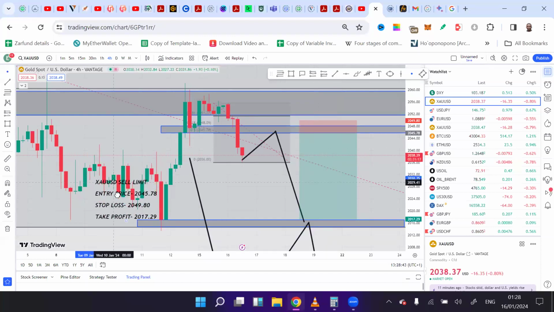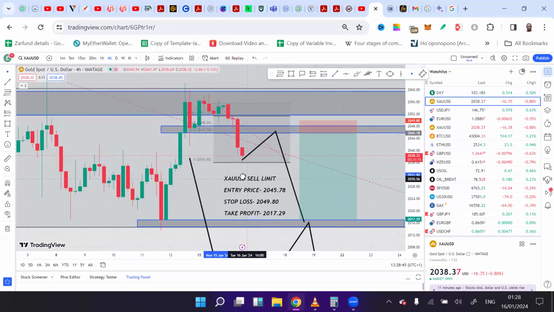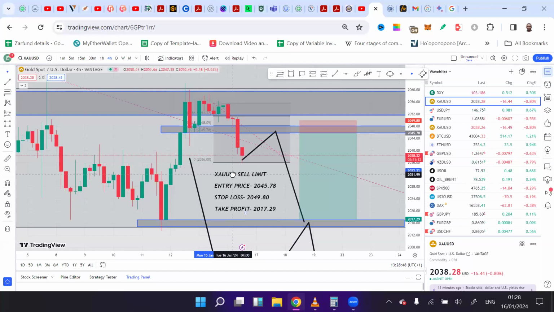So these are the parameters for the trade we have right now on gold. We have a sell limit on gold. Entry price is at 2045.78. That's our entry price. Our stop loss is 2049.80. Our take profit is 2017.29.